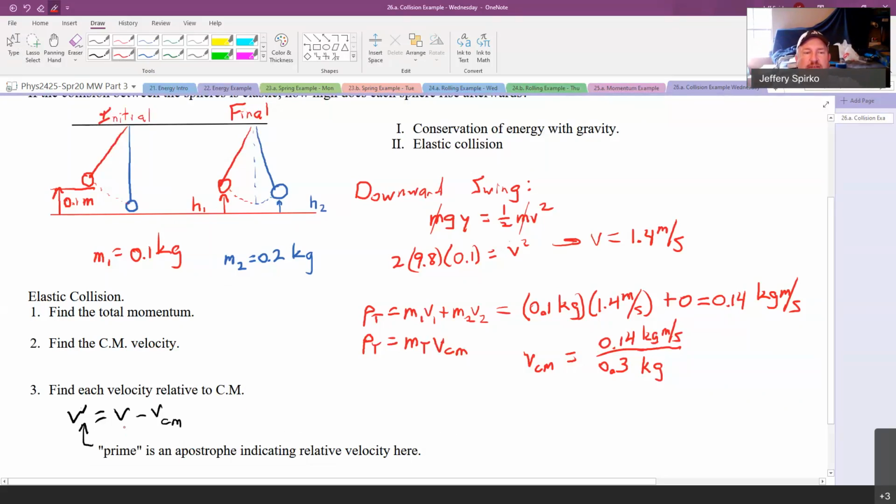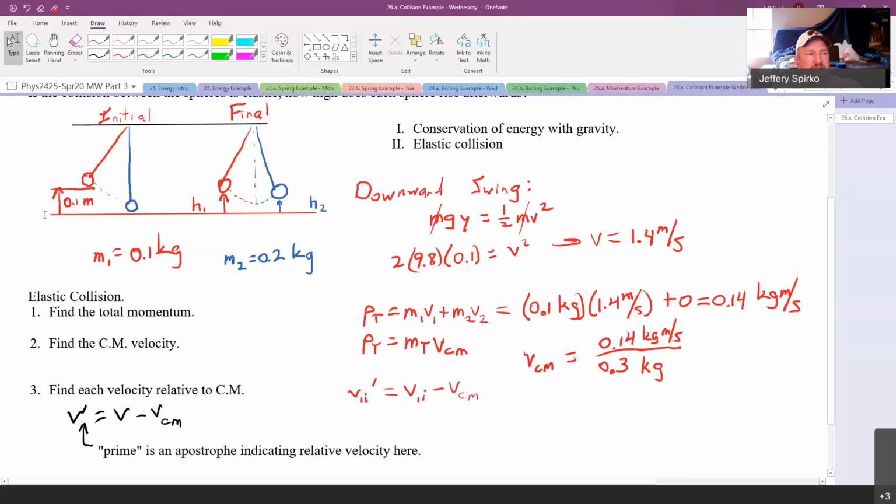And the way you find a relative velocity is you take an actual velocity, plain v, and subtract what you're doing it relative to. So, for example, v1 initial prime is v1 initial minus v center of mass.